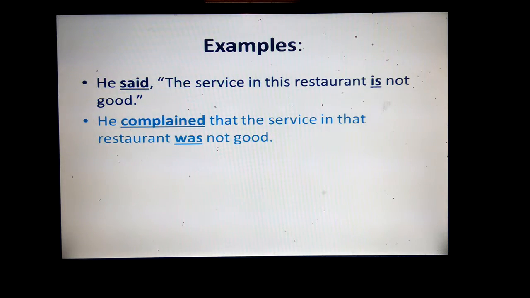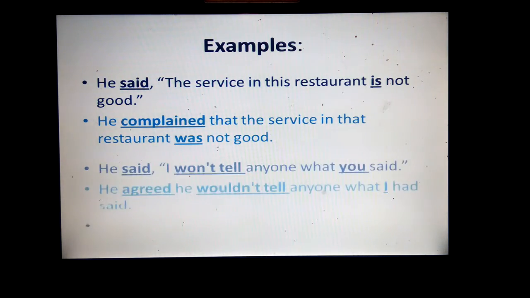He said the service in this restaurant is not good. Instead of said, he complained that the service in that restaurant was not good. For something that is not good, we can use complained instead of said.